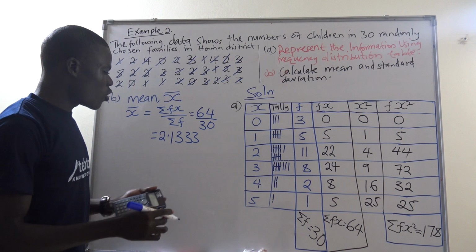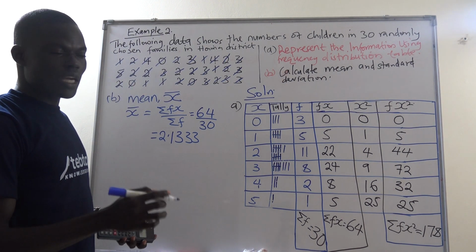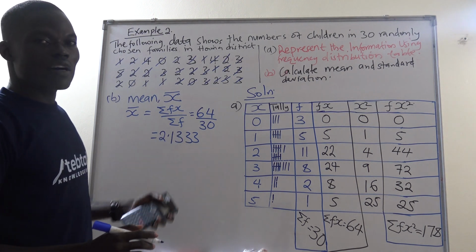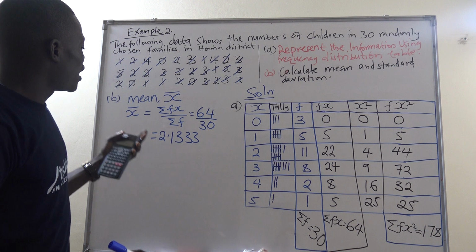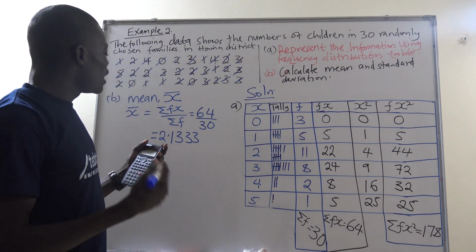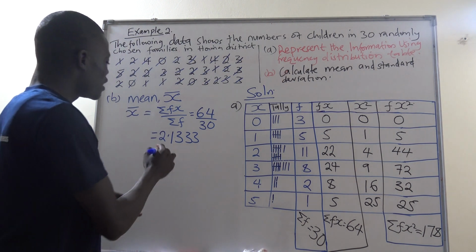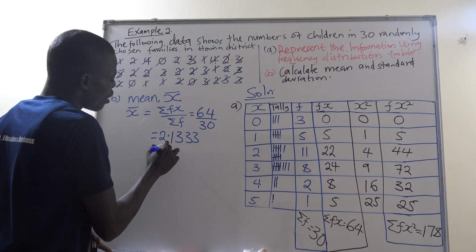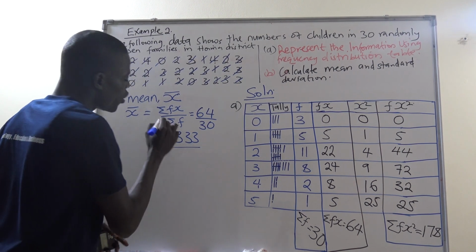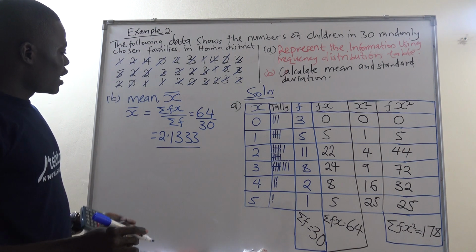But at least record to 4 decimal places to be on the safer side. Don't over round off. You will get wrong answers or it will give you a big error in your calculation. So our mean becomes 2.133 recurring.